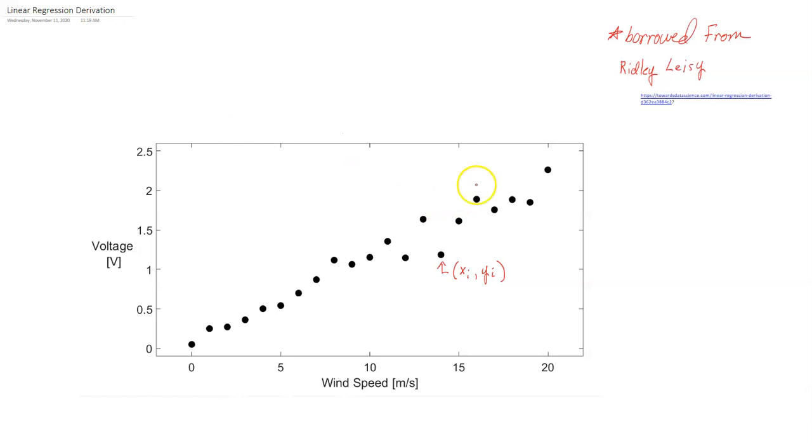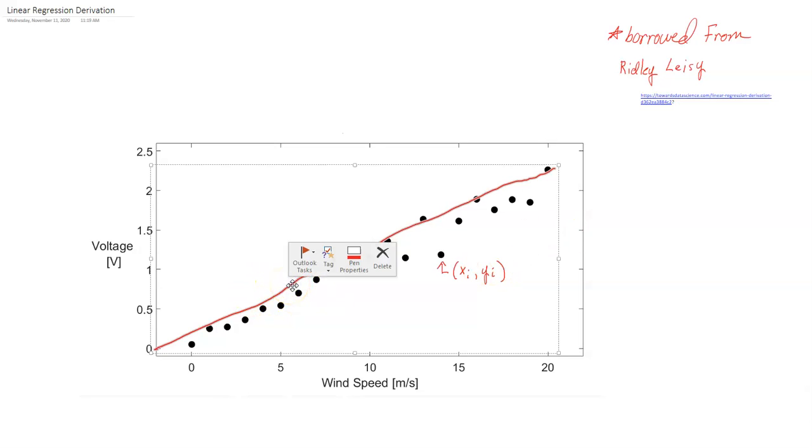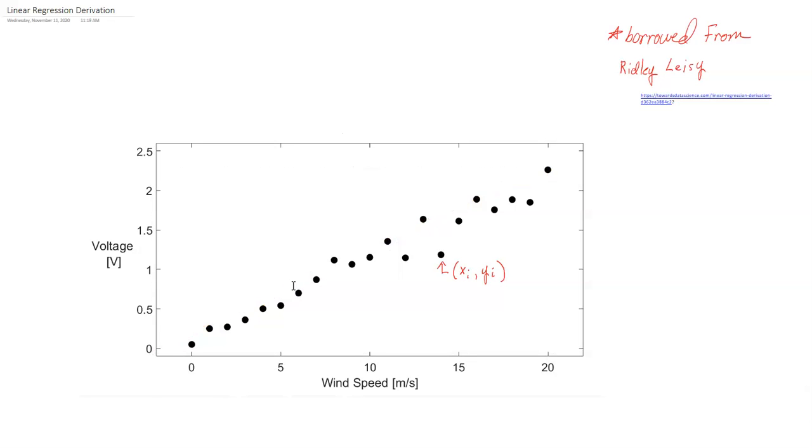Maybe something that looks like this. And we have all these data points that make up that trend, and we call each of the x values, the wind speed values, xi, and each of the voltage values, yi. And so we could try some number of lines of best fit.